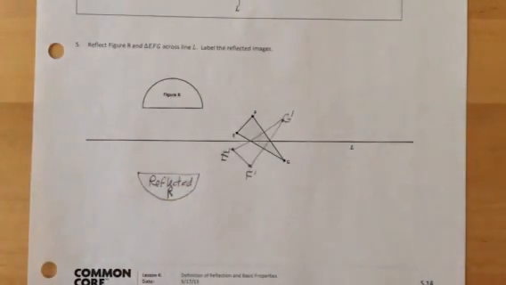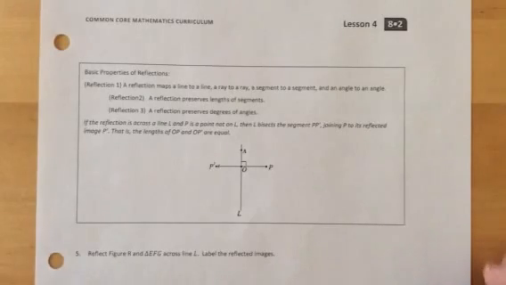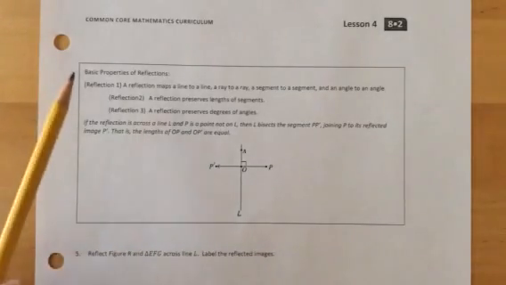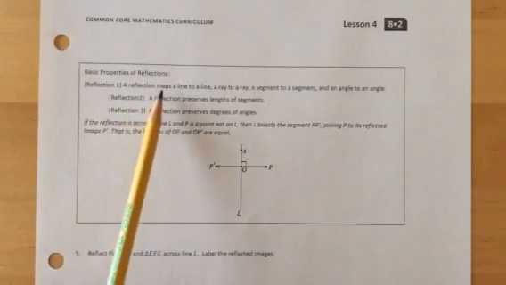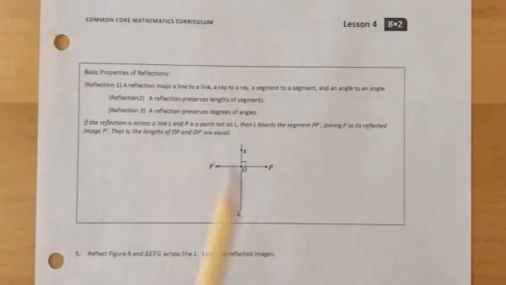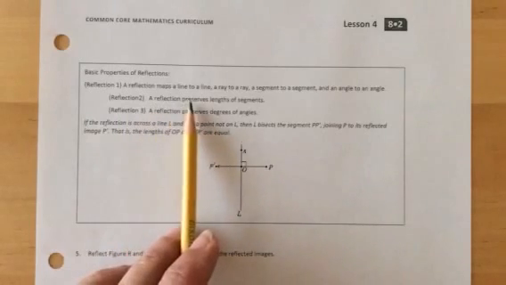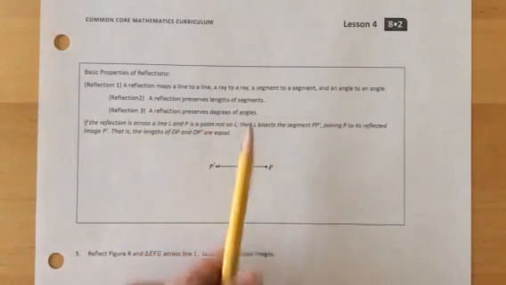Okay. So let's go up and look at the basic properties of reflections now. We'll deal with the second half of it after the next example, but basic properties of reflections. A reflection maps a line to a line, a ray to a ray, segment to a segment, an angle to an angle. Reflection preserves the lengths of segments and the degrees of angles.